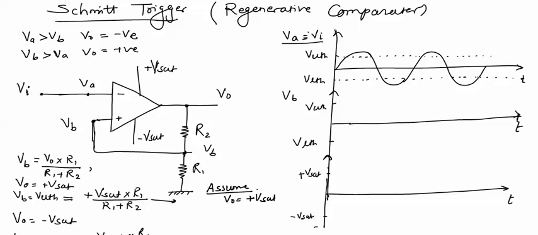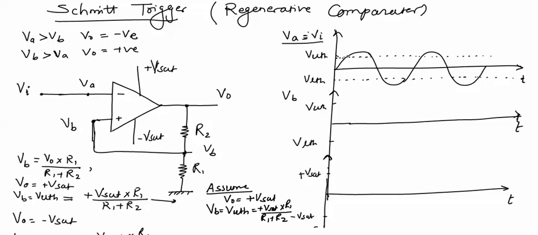If V naught equal to plus Vsat, then at t equal to 0, VB will be equal to VUTH, that is plus Vsat into R1 upon R1 plus R2. This will be the value of VB, which means when output V naught equal to plus Vsat, VB equal to VUTH.